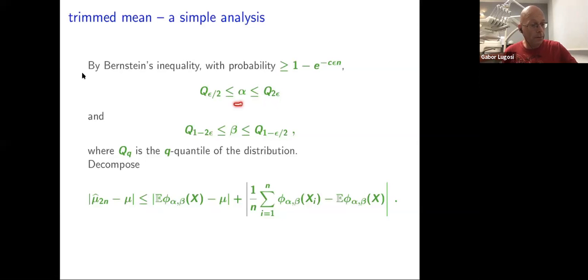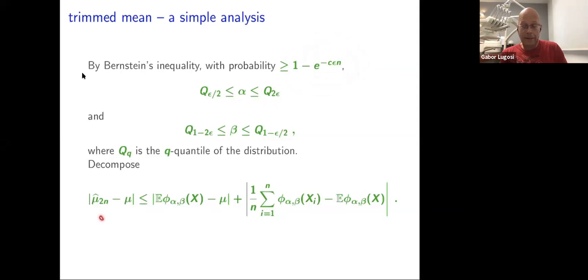So both alpha and beta are correct in this sense with this probability. Remember that epsilon is chosen such that this probability is smaller than delta. And now we can decompose the error.